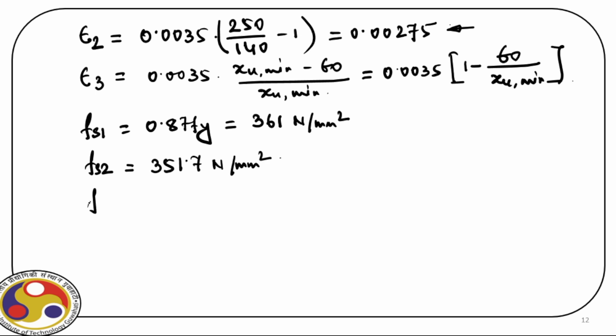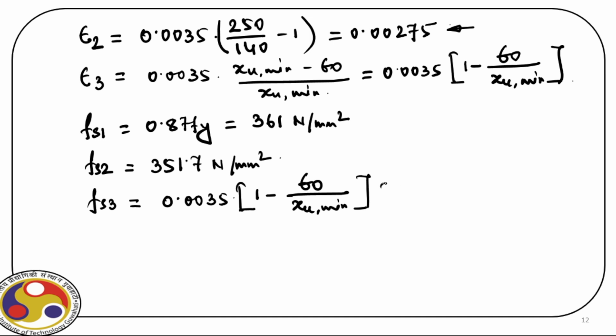Now for Fs3, which is in the compression zone, E times epsilon, so 0.0035 times (1 minus 60 divided by XU minimum) times 2 into 10 to the power 5. So this is equal to 700 minus 42,000 divided by XU minimum.